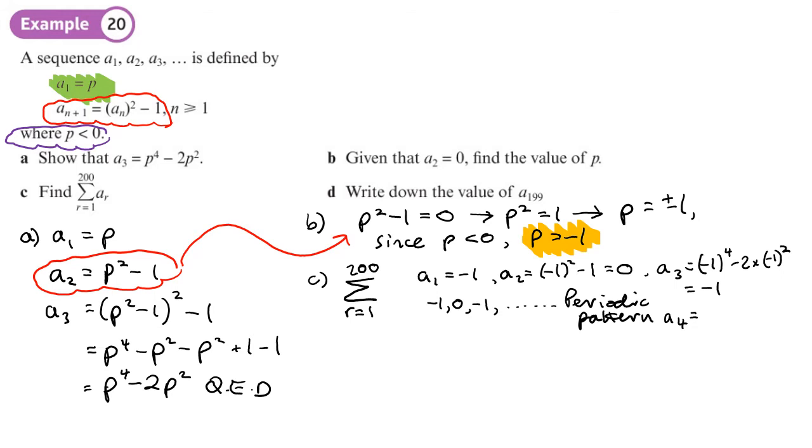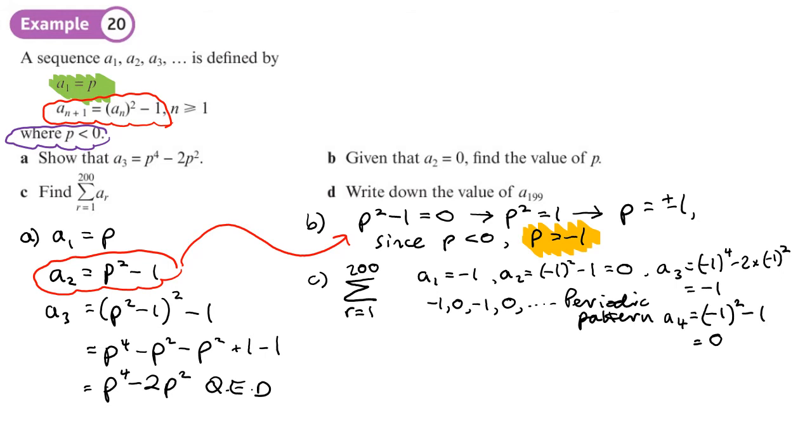A3 squared, which is negative 1 squared, minus 1, so that's going to be 1 minus 1, 0. Then the next one is going to be that squared minus 1, so it is a periodic pattern that goes like that. And in fact I could have saved myself a bit of time and just put the numbers straight into there, because the next term is just the last term squared minus 1. I could have saved some time there. Surprised no one said anything.